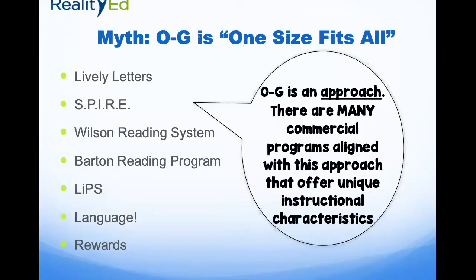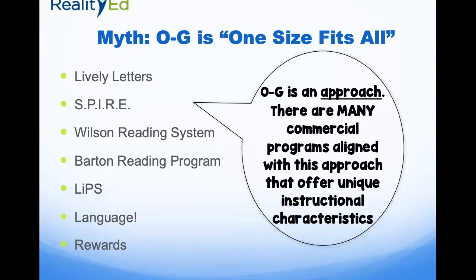One of the big myths out there is that Orton-Gillingham based approaches, or Orton-Gillingham in general, is a one-size-fits-all approach. It's actually so far from that. It is not a one-size-fits-all, but the method does work with students. So there's many commercial programs aligned with this approach that offer all kinds of very unique and multisensory opportunities for students.